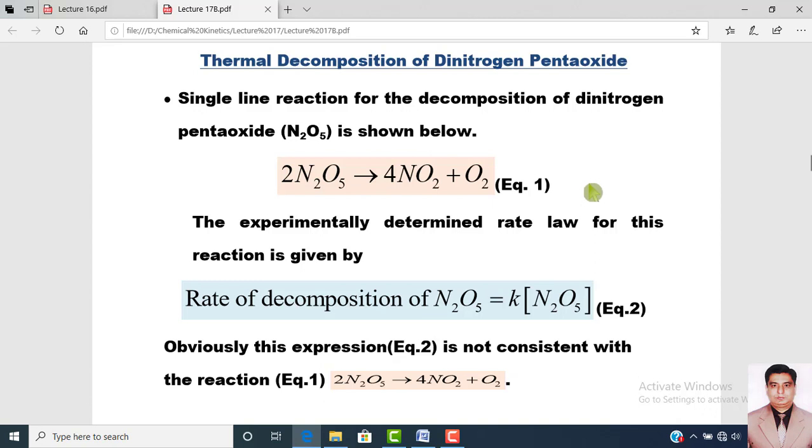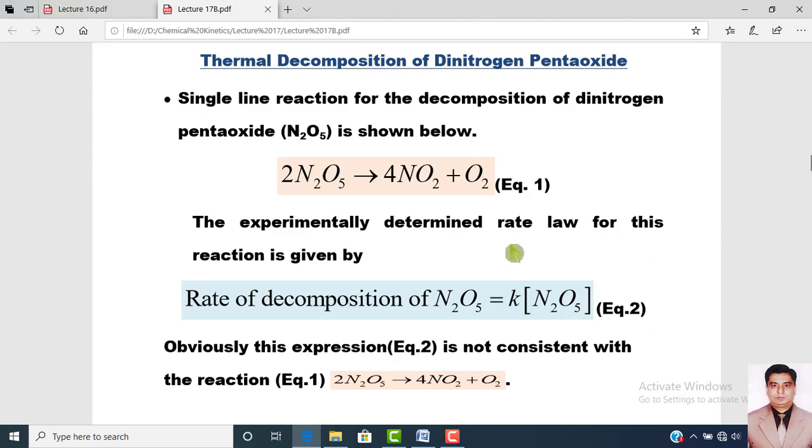Dear students, this is the equation number 1 calculated just for stoichiometric purposes, when we balance a chemical equation.